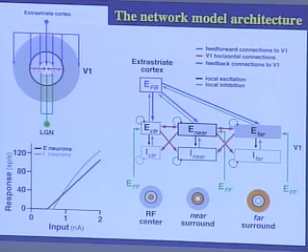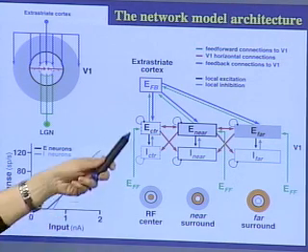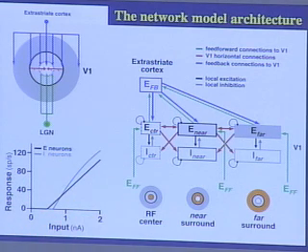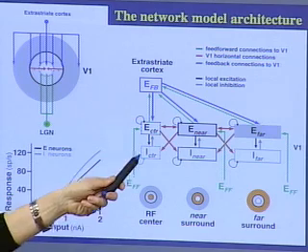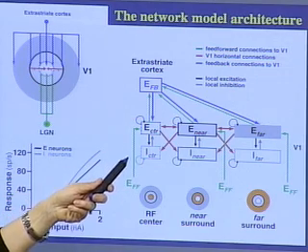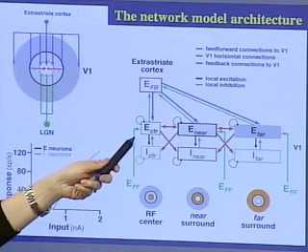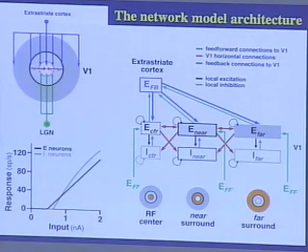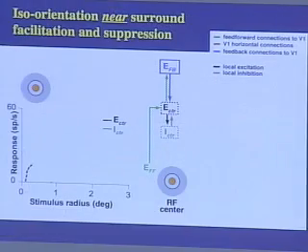What this means is that if you stimulate the receptive field center with a weak stimulus, say a stimulus of low contrast, the inhibitory neurons are still below threshold, so they're virtually silent, but the excitatory neurons are responsive. Now I'm going to show you how this model can account for both orientation near surround facilitation and suppression, as seen in the data.